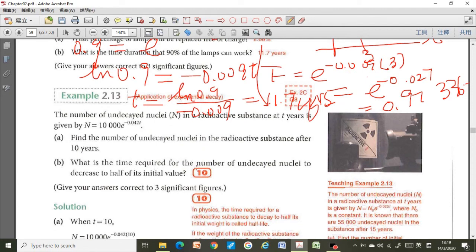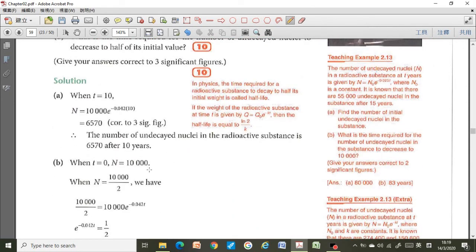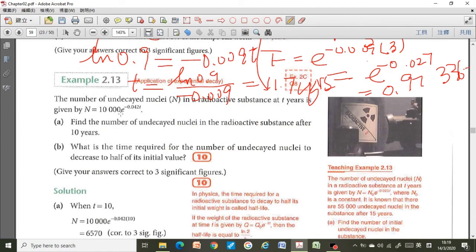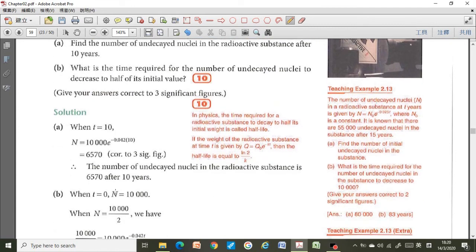What is the time required for the number of undecayed nuclei to become half of its initial value? If you want to know the time, you must know the half value of its initial value. So you find the initial value by putting t equal to 0, or you just look at this expression, this one is the initial value, and divided by 2 is the half.